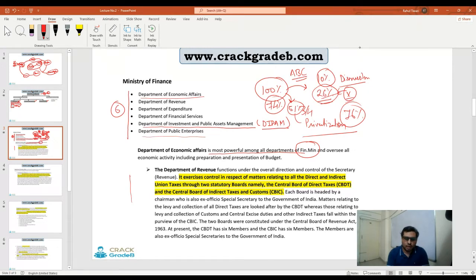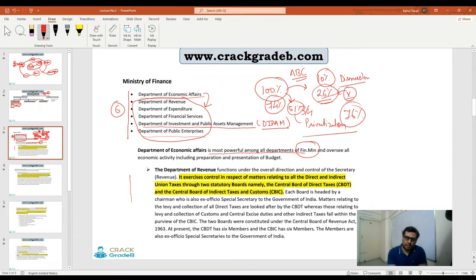So it's the most powerful among all the departments and oversees the economic activity of all departments. In all four departments, what is happening is supervised by Economic Affairs, and they also coordinate with all the ministries and bodies related to finance and economy in India.